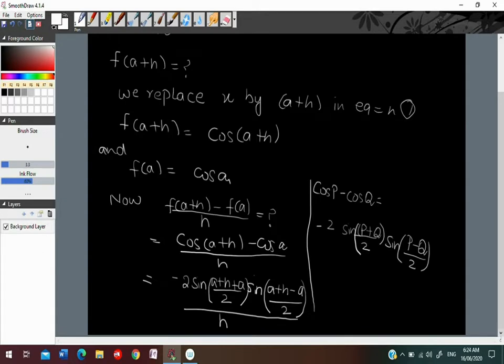Now, simply we solve this equation. Minus 2 sine of a plus a, 2a plus h divided by 2, into sine. This a is cancelled with this minus a. And what we have is simply sine h divided by 2.